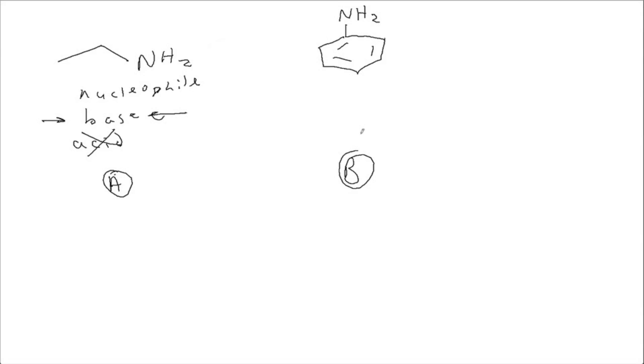A base donates electrons in order to receive a hydrogen, and so it would leave a positive charge on either nitrogen, and that positive charge would be solely on the nitrogen on molecule A, whereas that positive charge in molecule B could be stabilized through resonance.